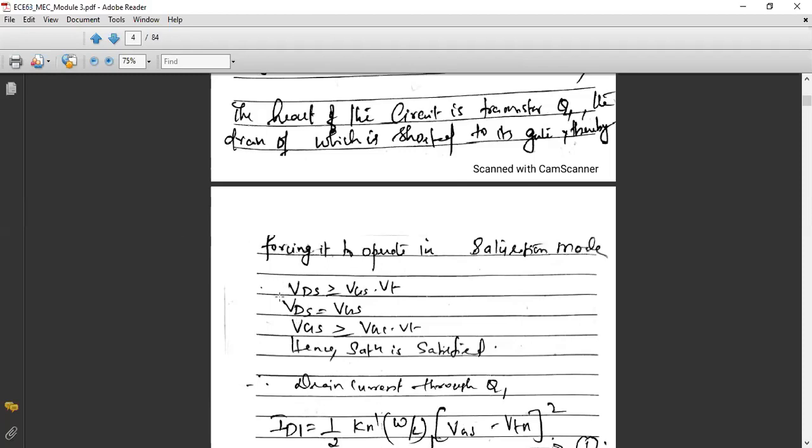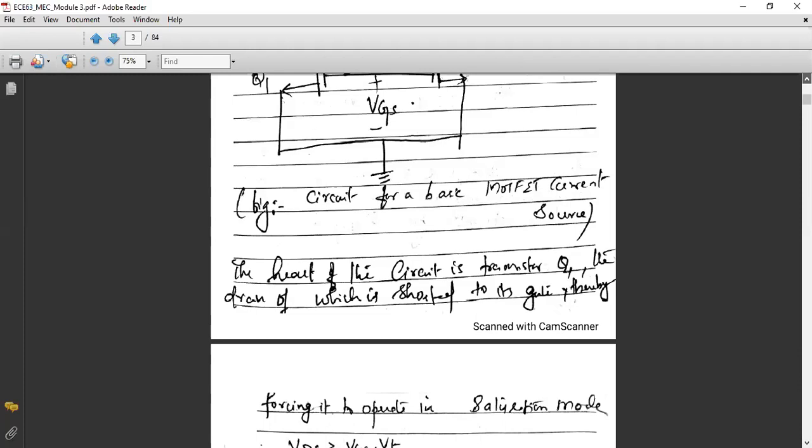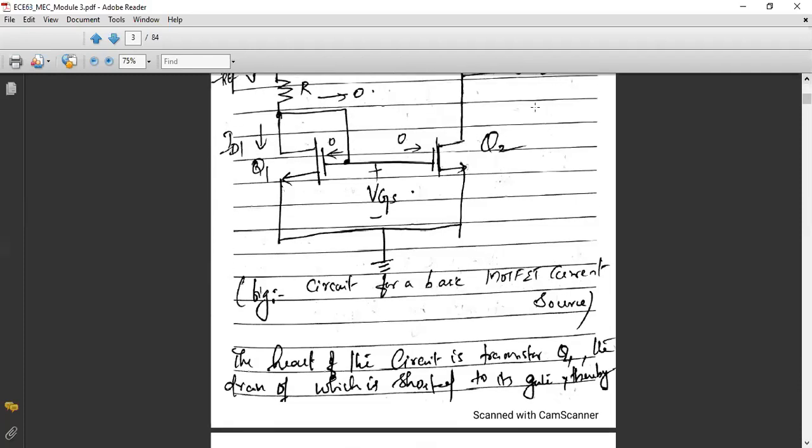As you can see, the drain and gate are shorted together, which means the drain voltage is the same as the gate voltage. If you have a perfect short circuit between two terminals, then there is no potential difference between these two terminals. So obviously, the drain to source voltage is the same as the gate to source voltage.